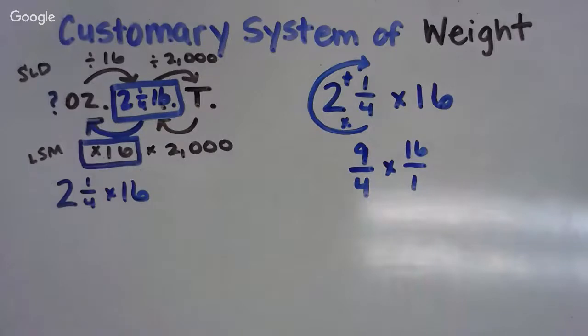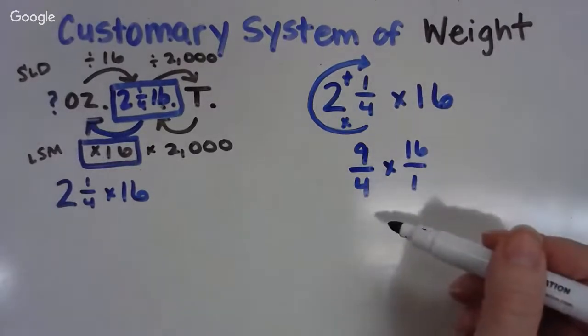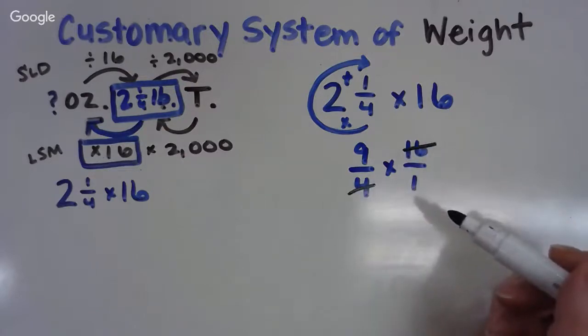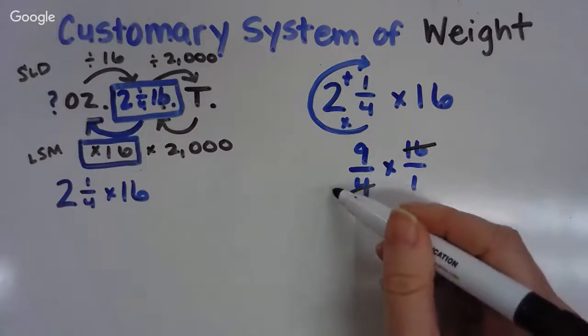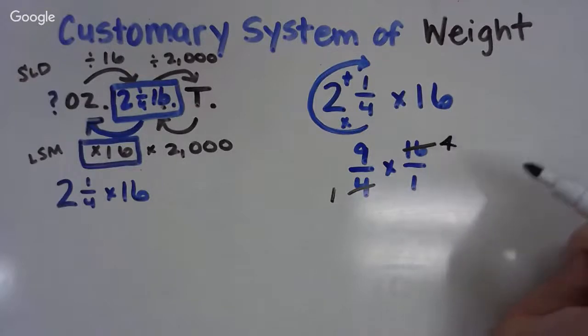Now, I can utilize that trick that we practiced in class of canceling in order to simplify in advance. I know that 4 and 16 share a common factor of 4, so I can cross those off and divide out that GCF, greatest common factor, of 4. 4 divided by 4, of course, gives me 1. 16 divided by 4 gives me 4.